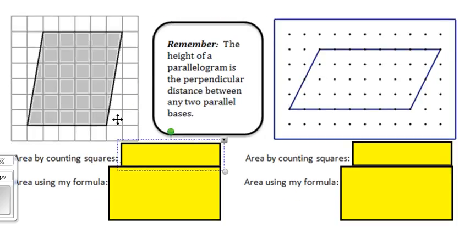All right, so we have 2 parallelograms here. Remember, the height of a parallelogram is the perpendicular distance between 2 parallel lines. First, we're going to find the area by counting the squares.